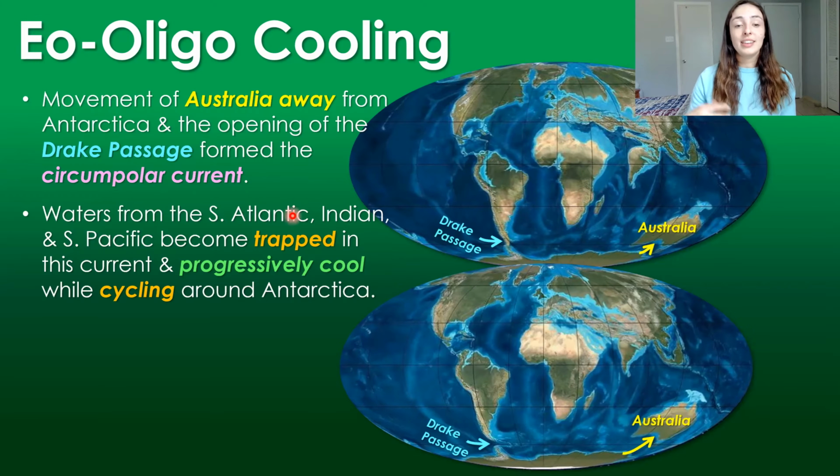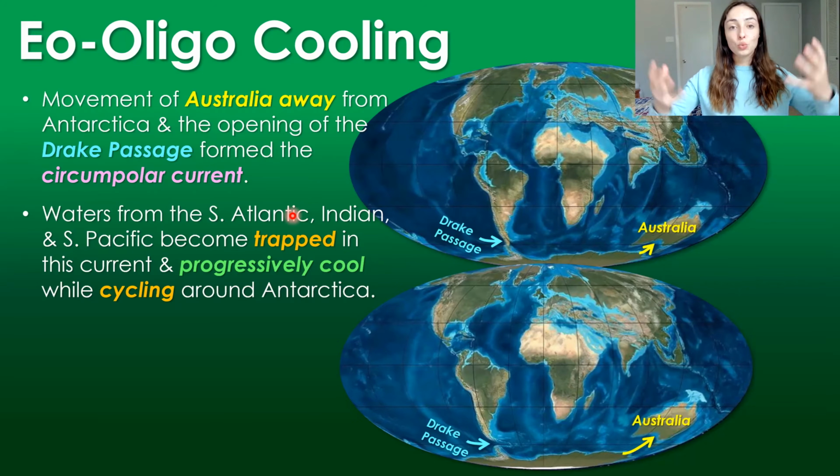Waters from the South Atlantic, Indian, and South Pacific Ocean become trapped in this current, progressively cooling while cycling around Antarctica. Warm waters were no longer directly transferring warmth to Antarctic waters. It was cooler waters that cycled around Antarctica, keeping themselves cool and progressively becoming more cool.